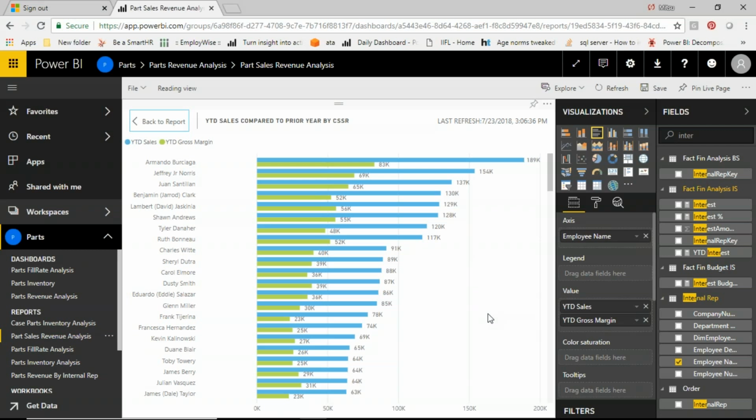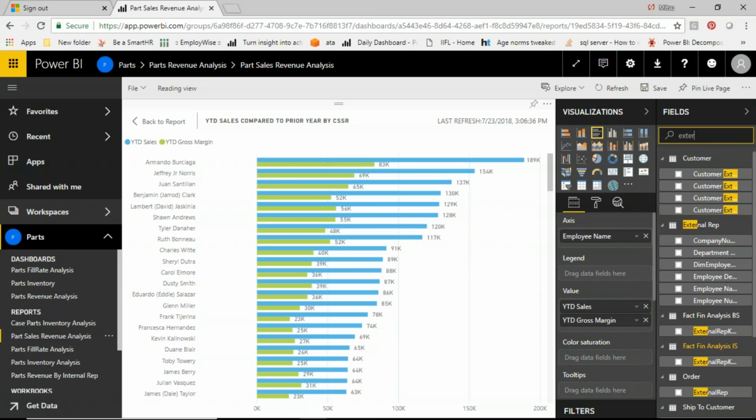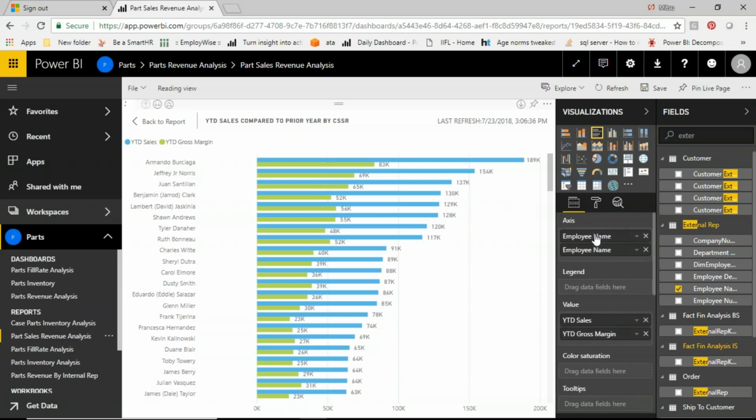The reason nothing came up on external rep is we compensate them through the service department. There was something that came up, but it wasn't much. And they're not maintaining that actively when they're making sales orders.